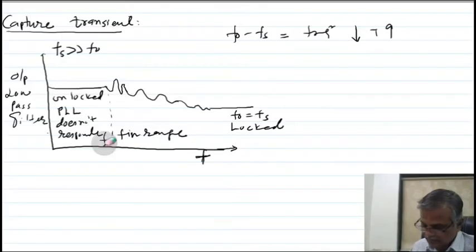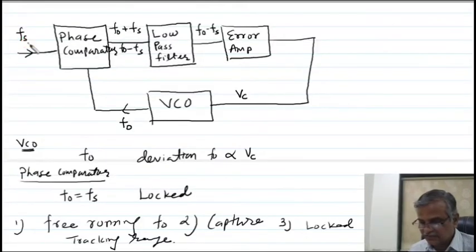So when FS is much greater than FO, then PLL does not respond. As FS comes toward FO, the high frequency is removed by the low pass filter, and FO minus FS appears at the output of the low pass filter.